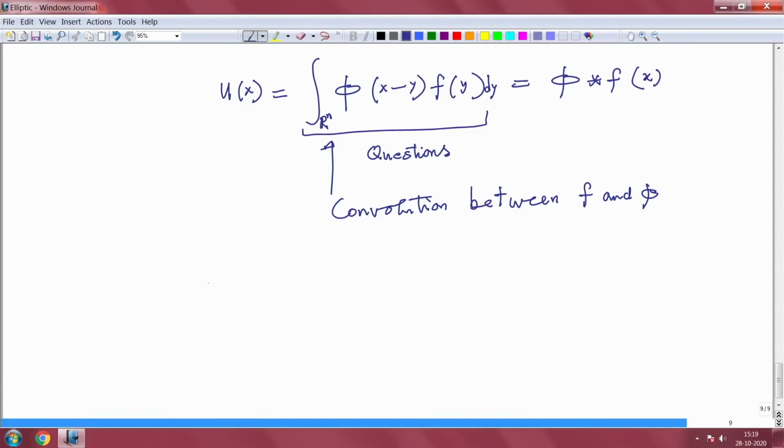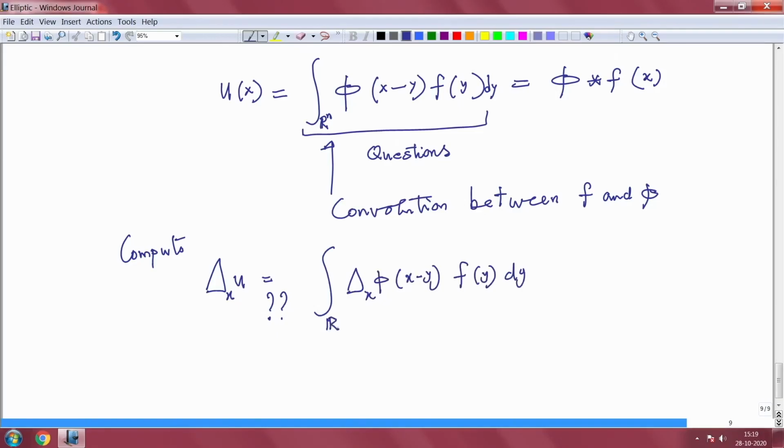Let me do something blindly. I want to compute the Laplacian of u. Suppose I can take the Laplacian inside. This is the big question: can I take my Laplacian with respect to x inside the integral of phi of x minus y times f of y dy, where there is no x in f of y?